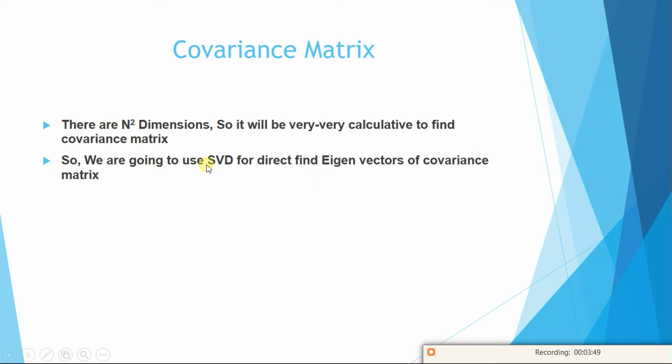If we apply SVD on our image matrix, we will get the eigenvectors of the covariance matrix directly, and this was our original target. We want the eigenvectors of the covariance matrix, because those eigenvectors will be the new principal components, new axes, new bases.